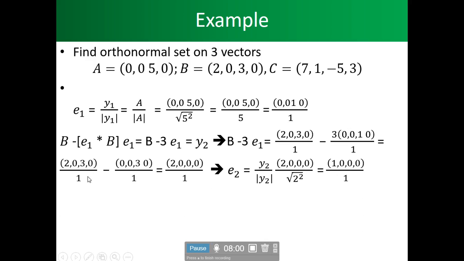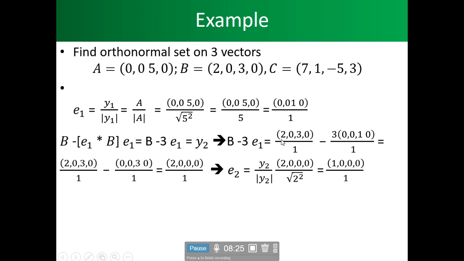So from 2 we subtract 0 and get 2, from 0 we subtract 0 and get 0, 3 minus 3 we get 0, and 0 is 0. So now we have 2, 0, 0, 0. That represents the first part.